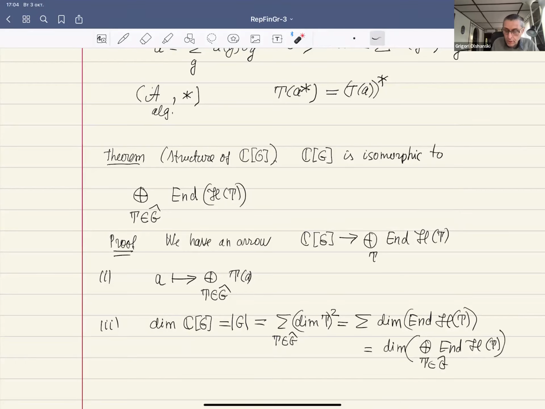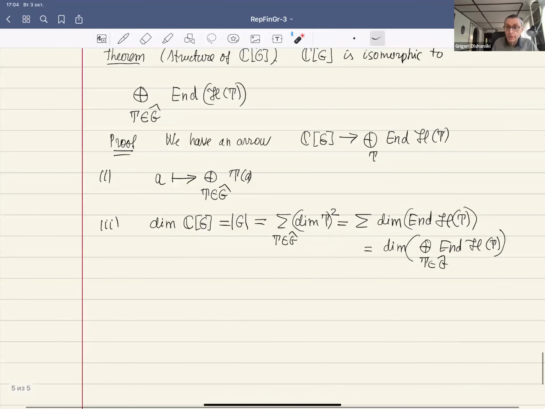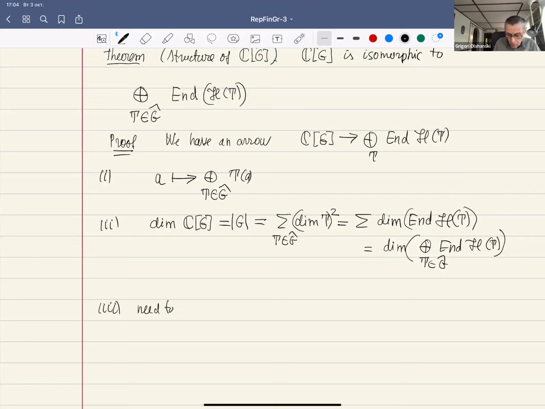So we have an algebra morphism from this to this, and the dimensions are the same. So to complete the proof, we only need to show that the map is surjective. And this will be enough.